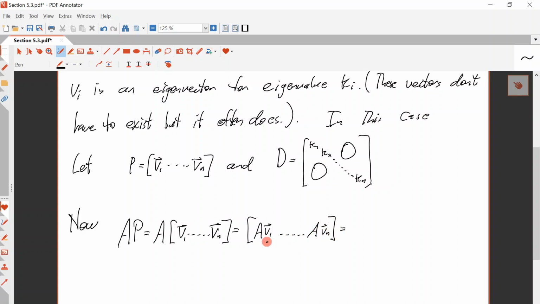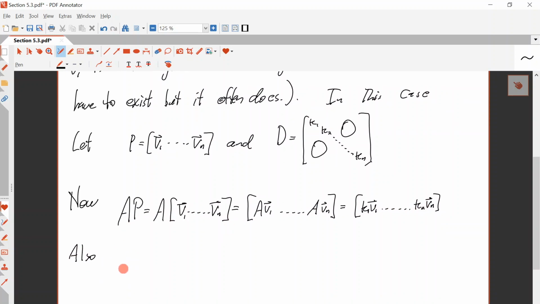But each of these is an eigenvector with eigenvalue k1, k2, up to kn. So Av1 is k1 v1, and Avn is kn vn. So A times P is equal to this.